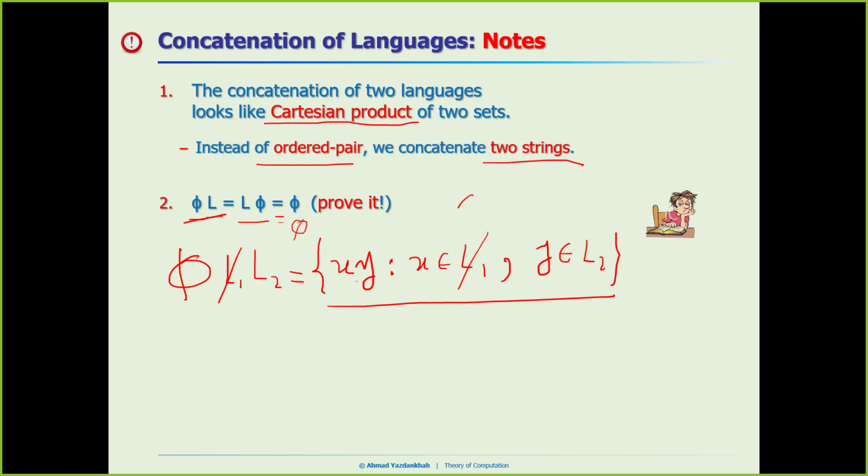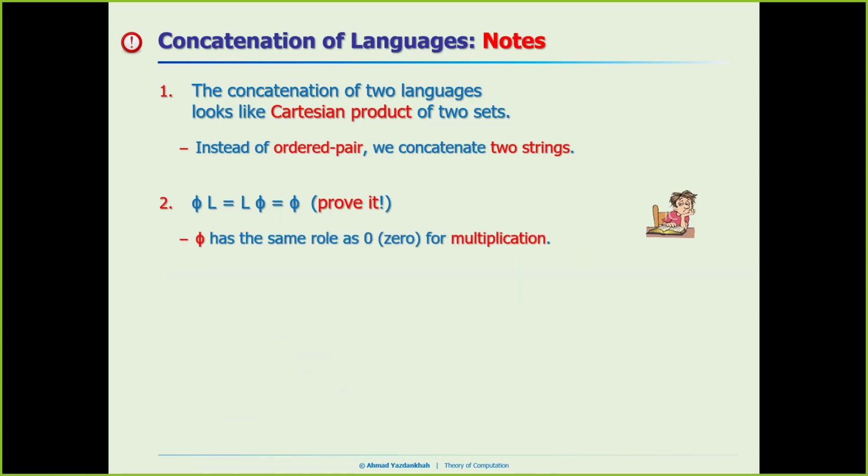So if you put phi here, what would happen? And you need to prove that it will be phi. Phi for the concatenation looks like 0 for multiplication. So if you see this 0 and multiply by anything, it will be 0, right? But here we have the phi.